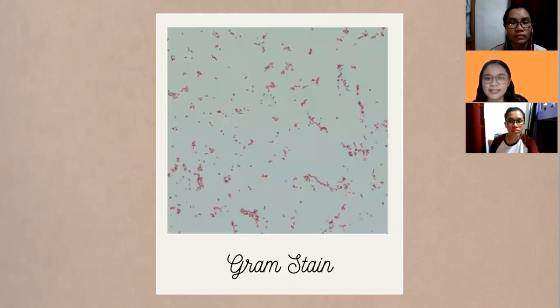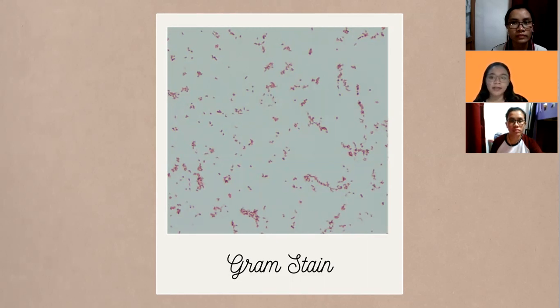The last one for laboratory identification is the gram stain. Gram staining is a method commonly used to determine the chemical makeup of the cell wall of bacteria. Gram-positive bacteria retain the primary stain because of their thicker peptidoglycan wall and teichoic acid.